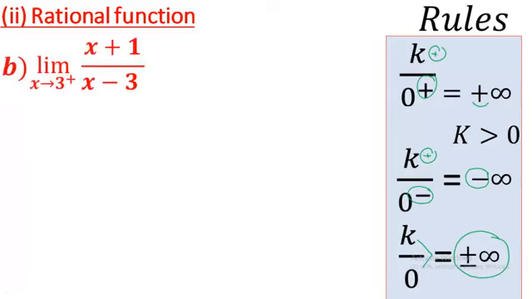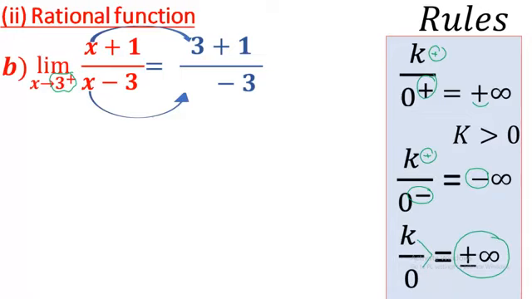Now, if I have limit as x tends to 3 plus for the rational function x plus 1 over x minus 3, then I will substitute 3 in the numerator. I don't care to substitute 3 plus in the numerator. I need it in the denominator.